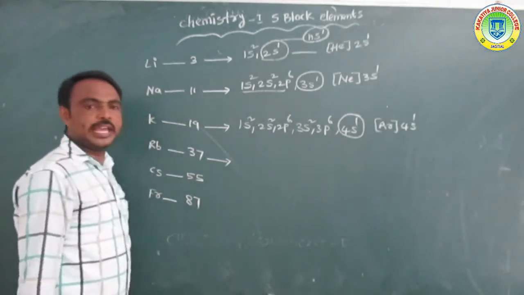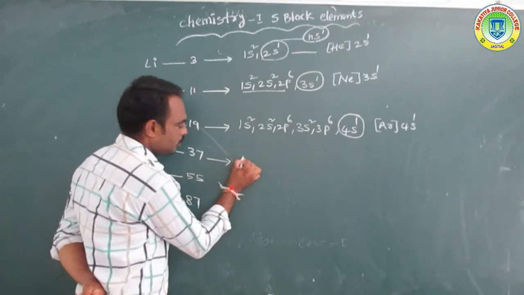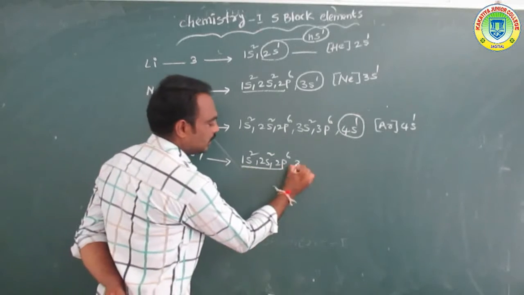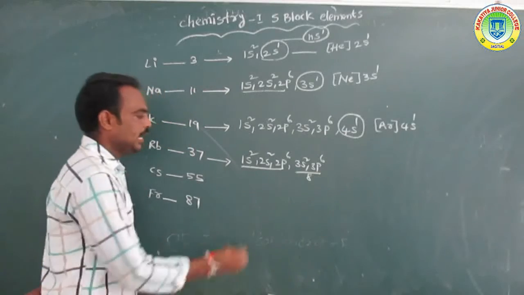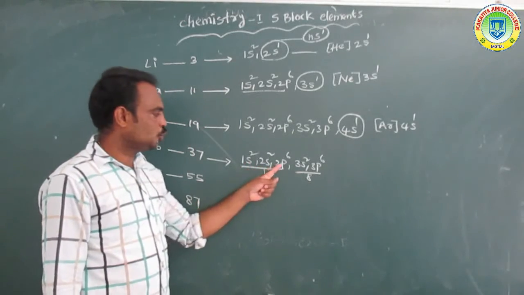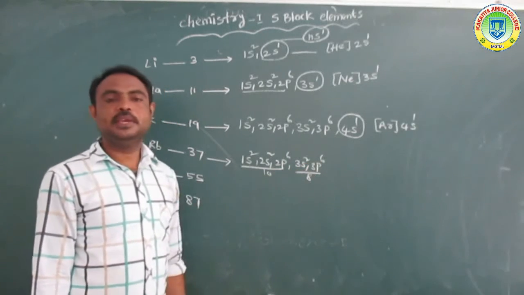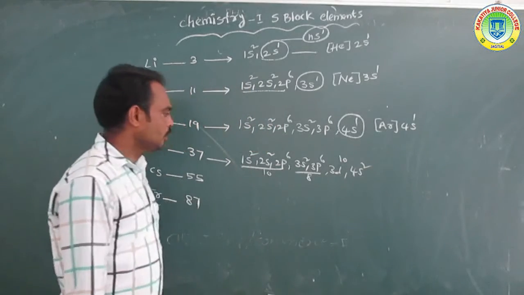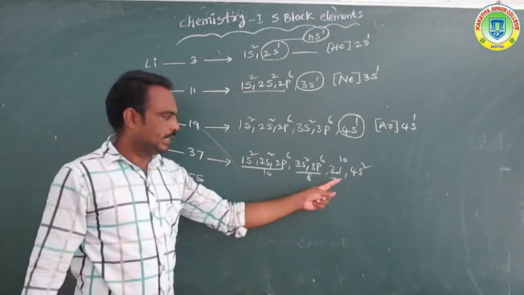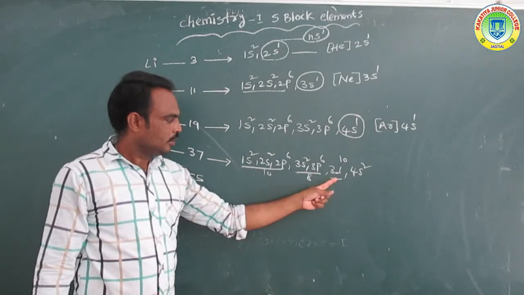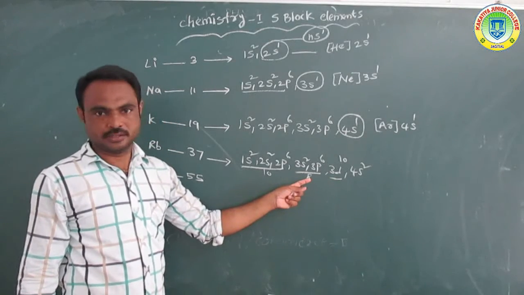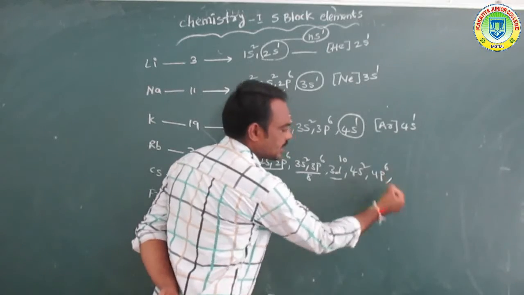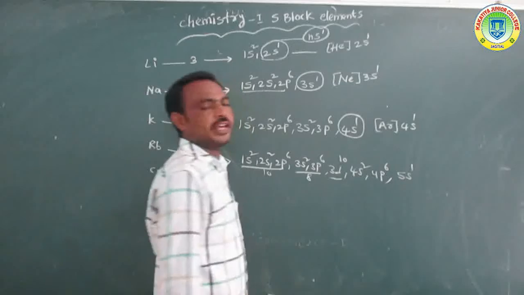Suppose we take rubidium: 1s2 2s2 2p6 is 10, 3s2 3p6 is 8, next 3d10, 4s2, so 10, 10 plus 10 is 20, plus 8 is 28, plus 2 is 30, and 4p6, then 5s1.